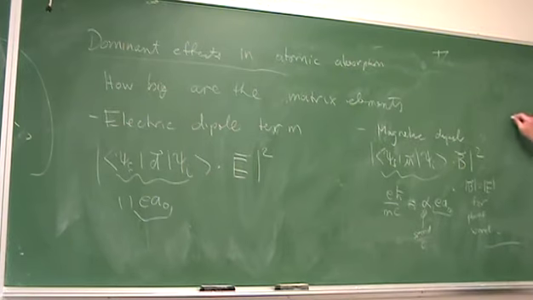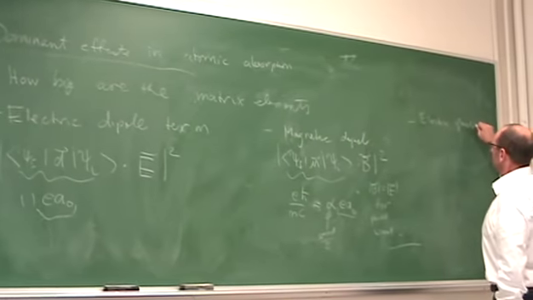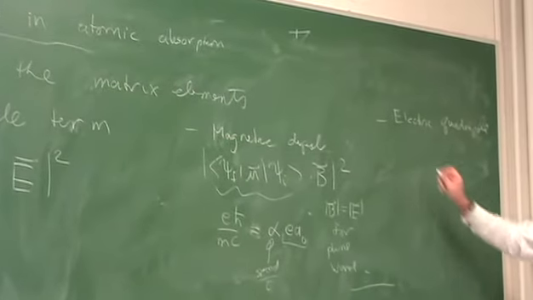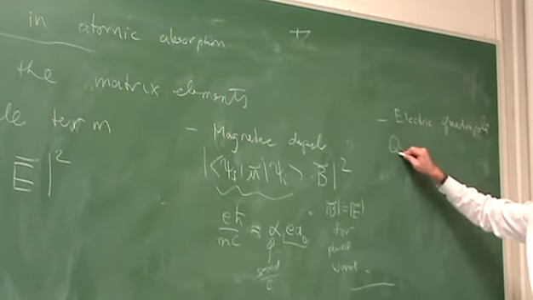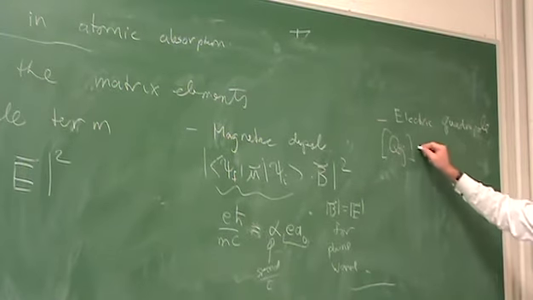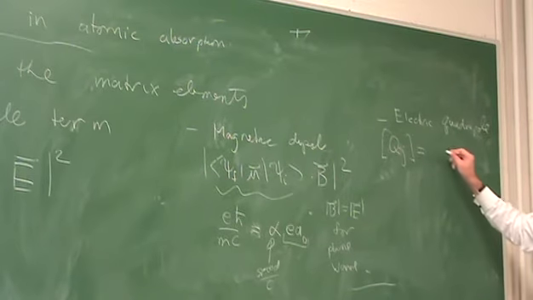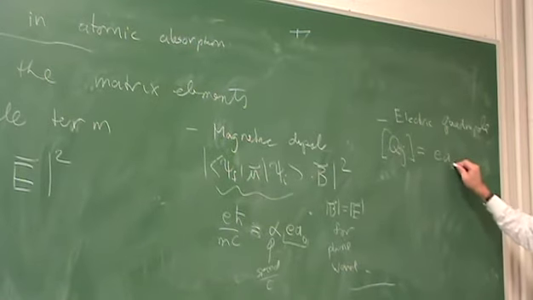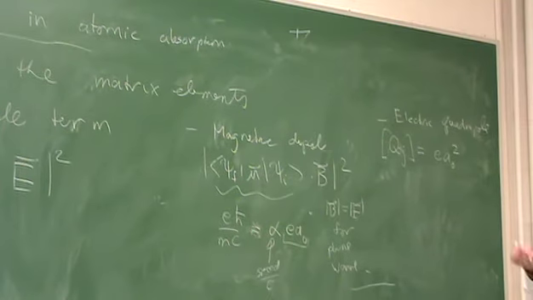What about the quadrupole? Well, let's think about the elements of the quadrupole moment. What are they? They depend on the squares of the distance of the charges from the origin. So the order of this we would expect to be something like that, right?